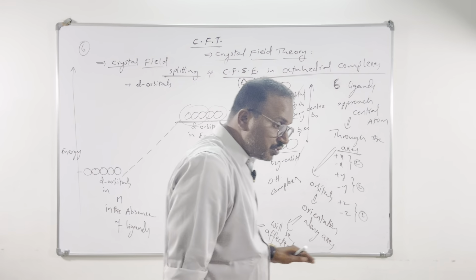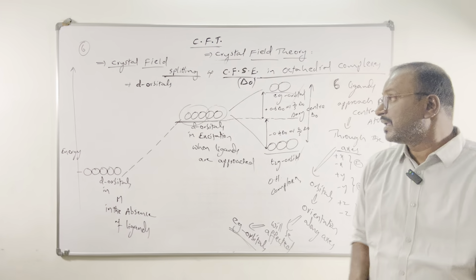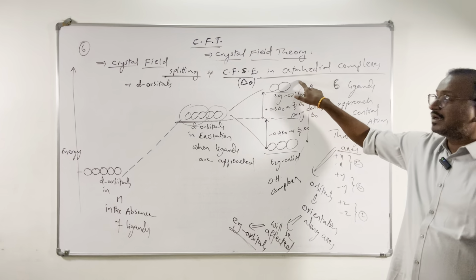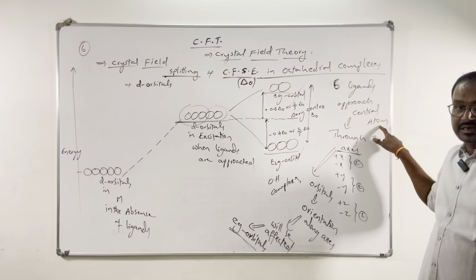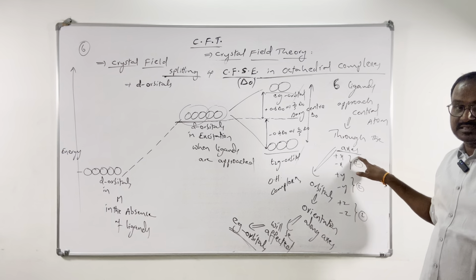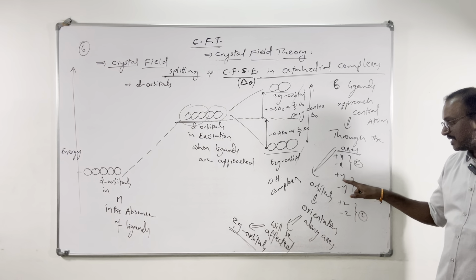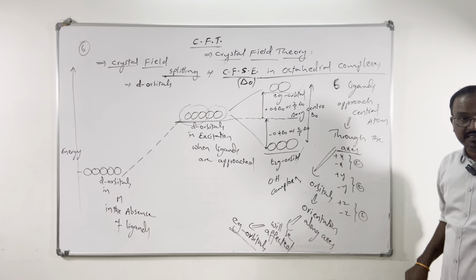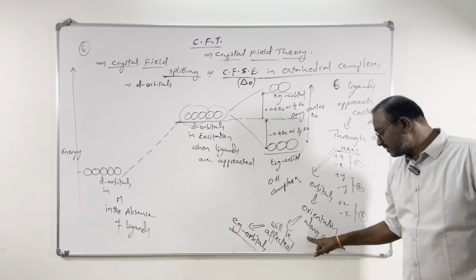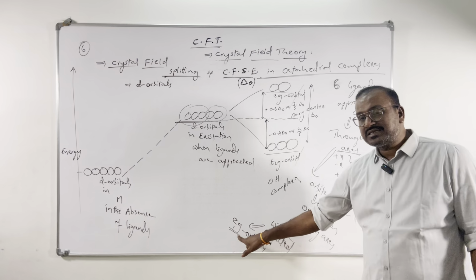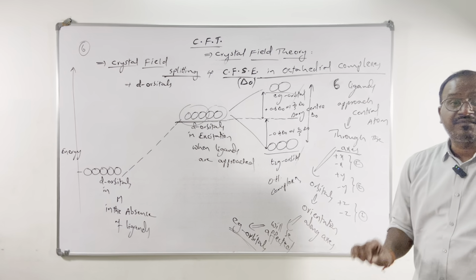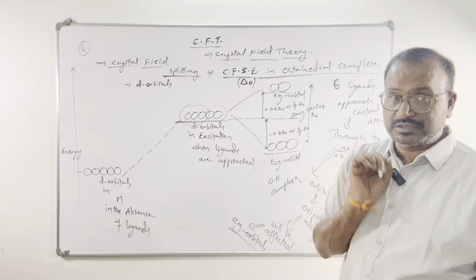So I hope you understood. Once again, briefly, in octahedral complexes, 6 ligands approach the central atom through the axis, as minus x, plus x, minus y, plus y, minus z, plus z. Those orbitals which are oriented along the axis will be affected, meaning Eg orbitals will be affected more than T2g orbitals.